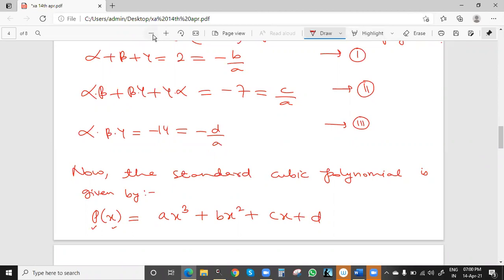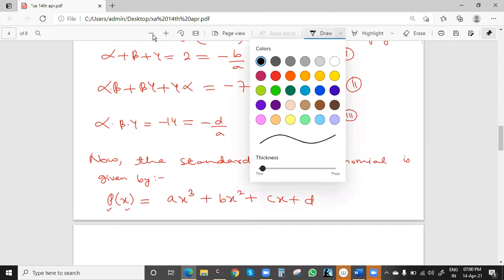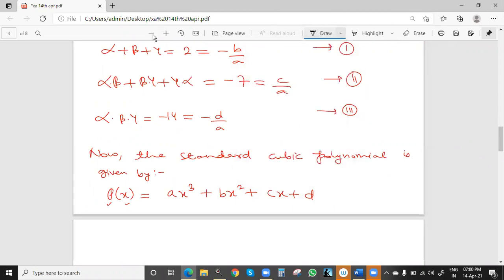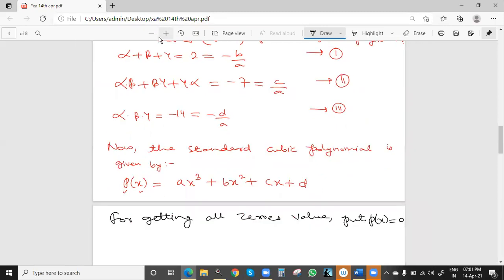First thing we can remember here: how did we get the zeros' values? We got the zeros' values when p(x) was 0. So for getting all the zeros, assume p(x) equal to 0.